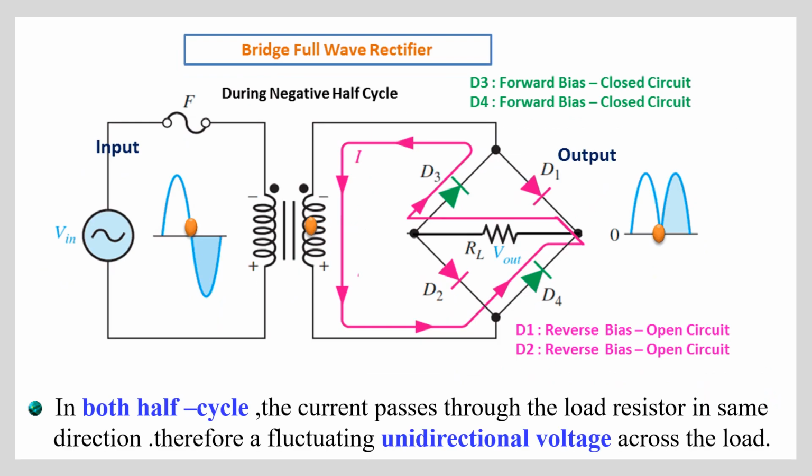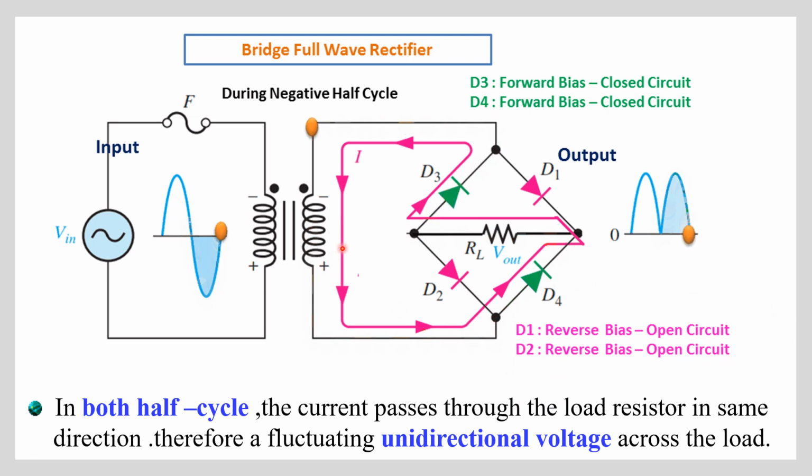Now let us see the negative half cycle of the AC. Now the secondary is negative and this side is positive. So now the current will flow from positive like this. Diodes D4 and D3 are forward biased and D1 and D2 are reverse biased.